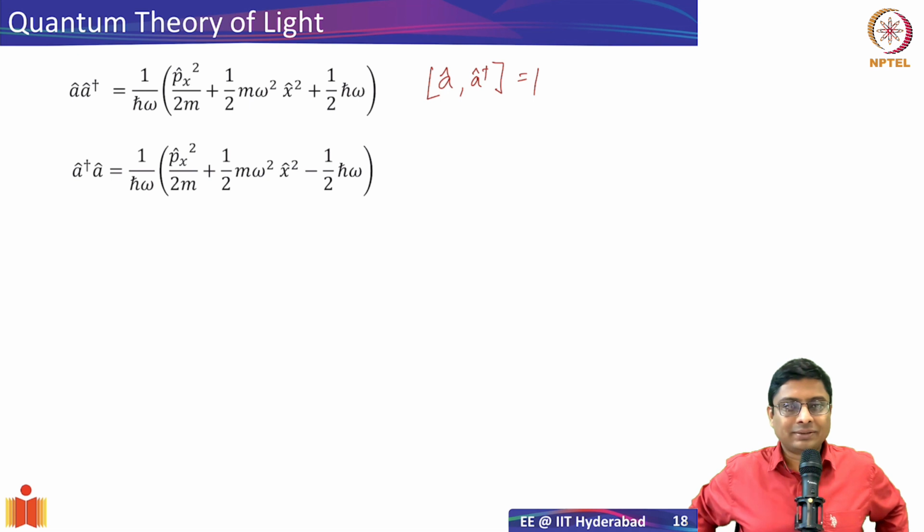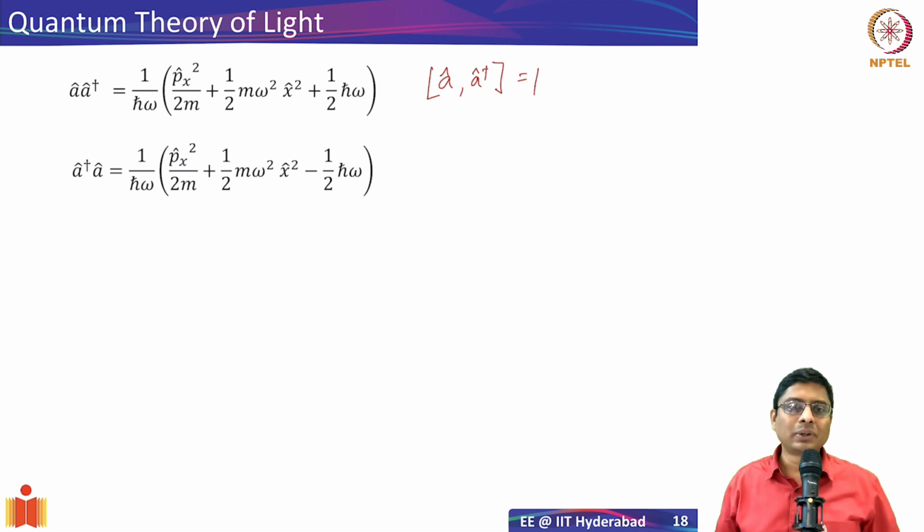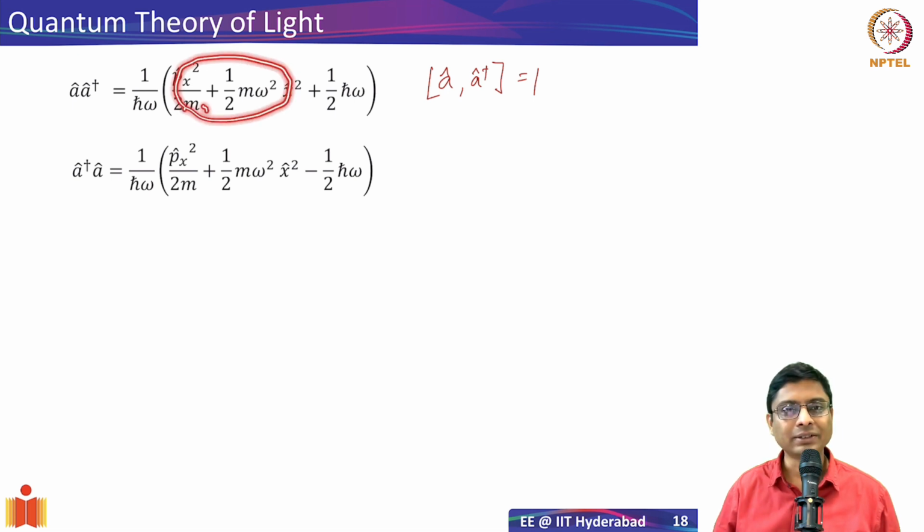Now we'll just do one thing. If you look at it, we recognize that this term is effectively like the Hamiltonian, right? m omega square x square.